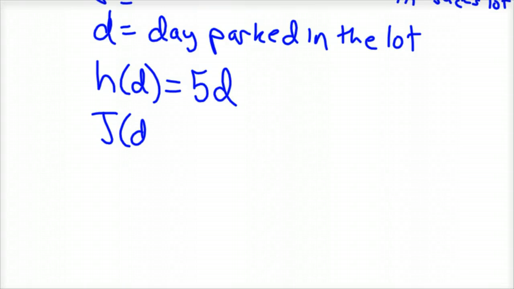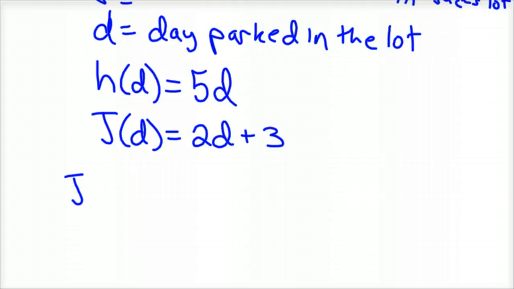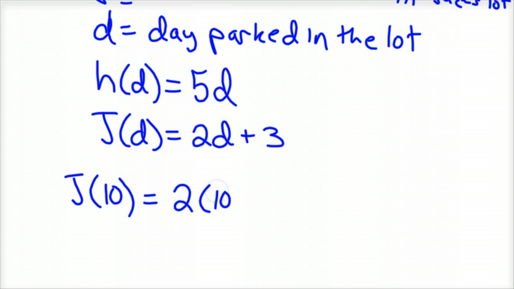J at D is equal to $2 per day plus the $3 entry fee. So now you might ask, what does it cost if you park at Jack's for 10 days? Well, that would be 2 times 10 plus 3.